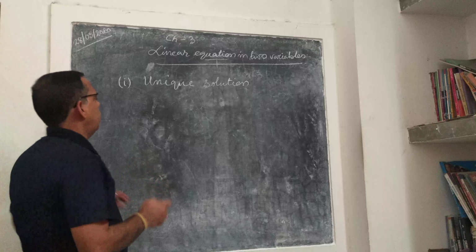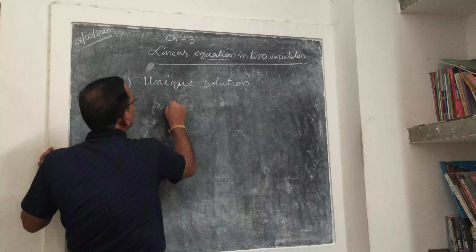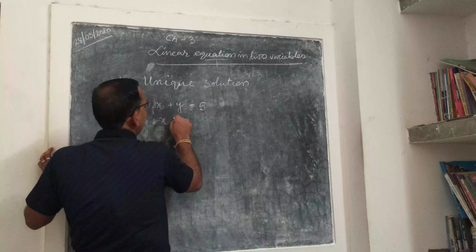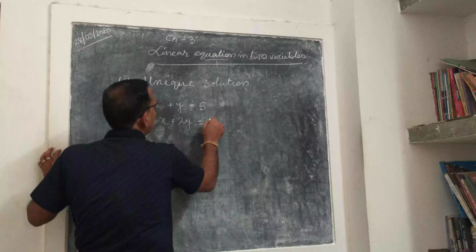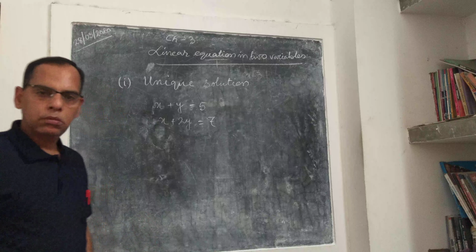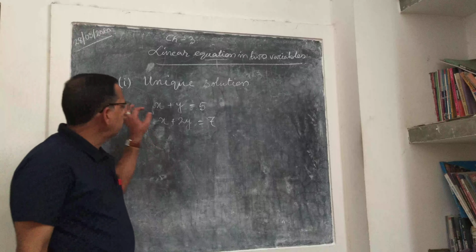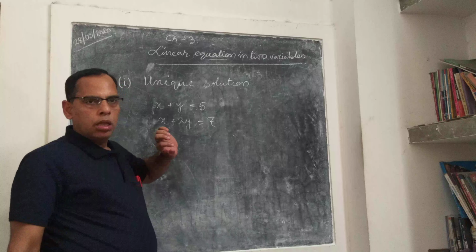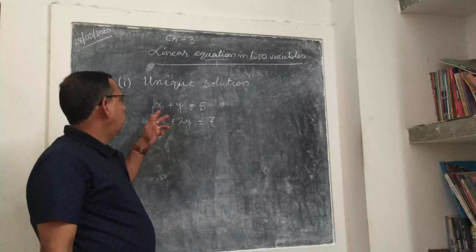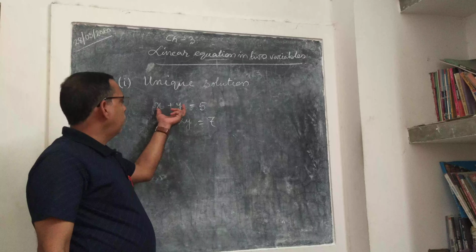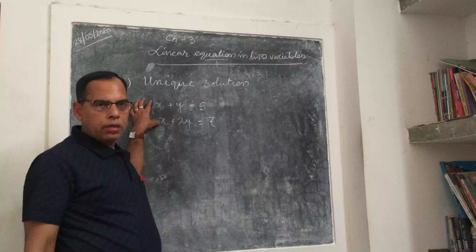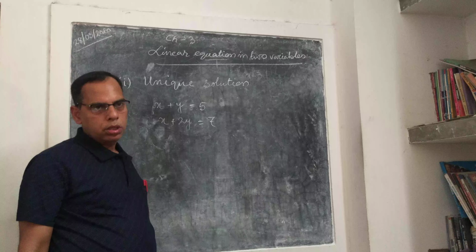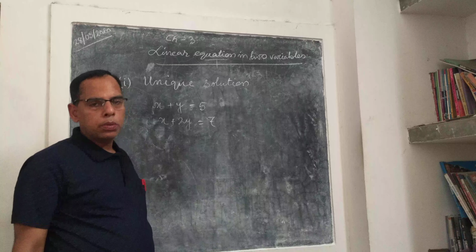Suppose this is one equation, x + y = 5, and this is another equation, x + 2y = 7. If we get x and y in such a way that both equations are satisfied, that is known as a unique solution. If there is more than that, then it will not be a unique solution.